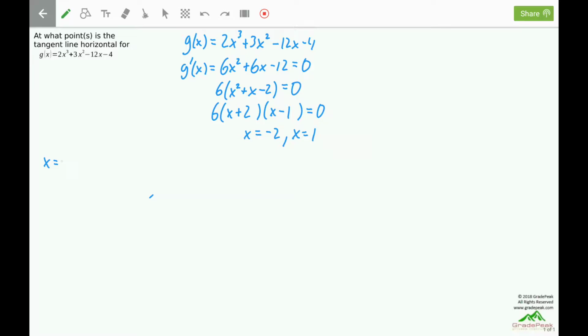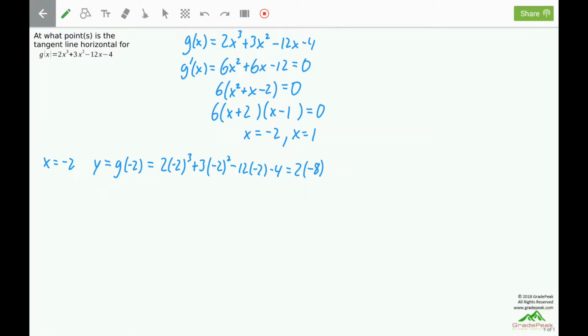Now we want the points, therefore we want the corresponding y coordinates. That will be found by taking each x coordinate and plugging it into the function to find the corresponding y coordinate. So the y for x equals negative 2 will be g of negative 2. 2 times negative 2 cubed plus 3 times negative 2 squared minus 12 times negative 2 and then minus 4. 2 times negative 2 cubed is negative 2 times negative 2, it's positive 4.